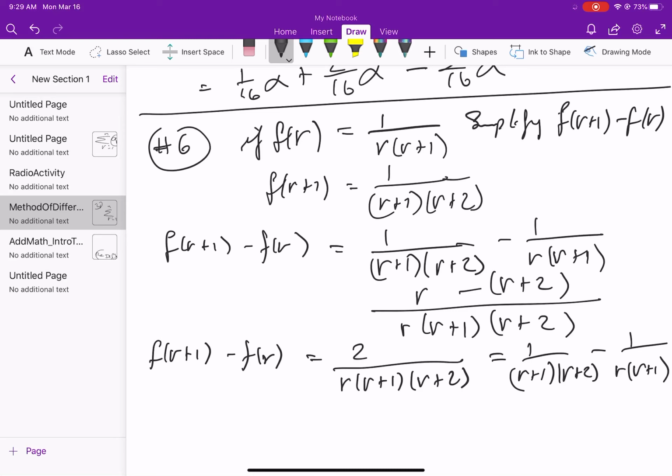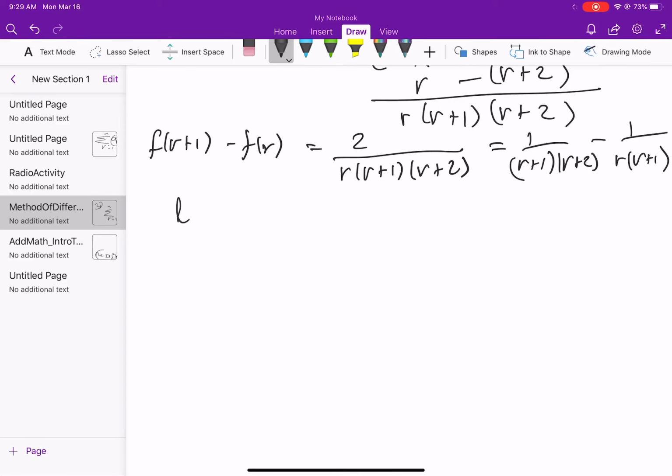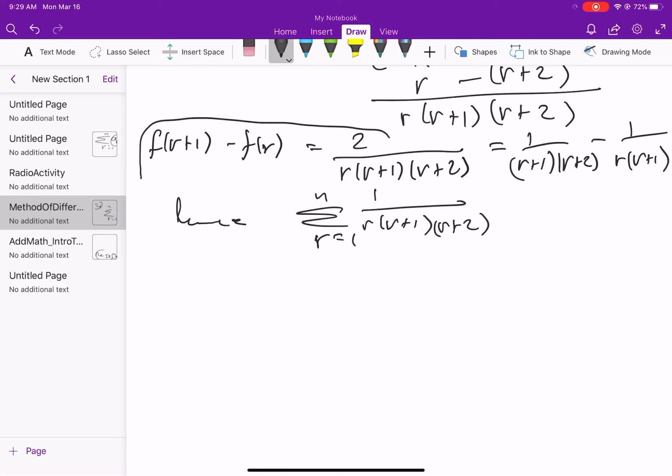Hence, find the sum from r equal 1 to n of 1 upon r into r plus 1 into r plus 2. Now if we keep in mind, let's focus on this portion here.